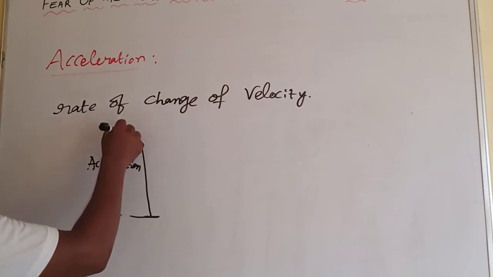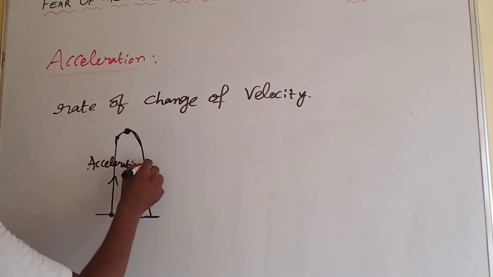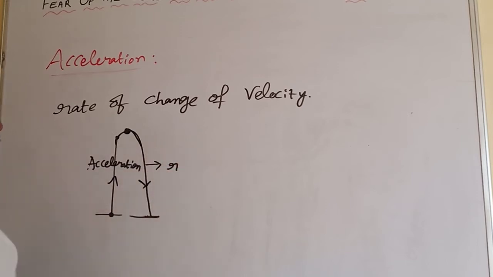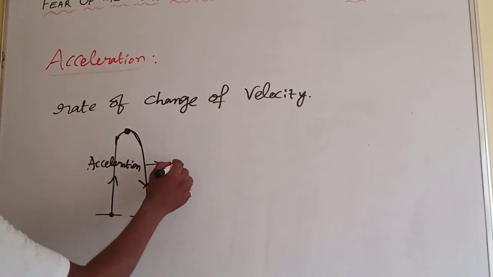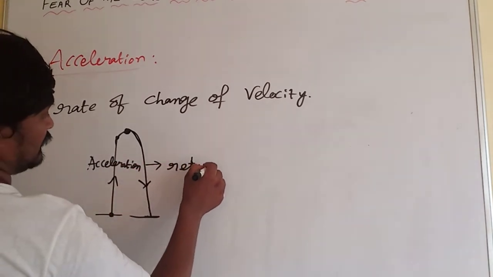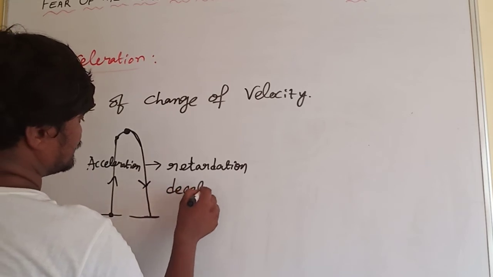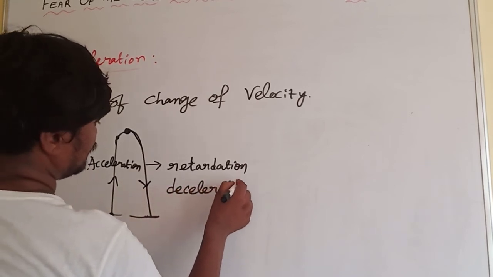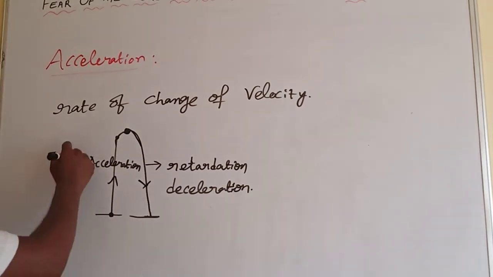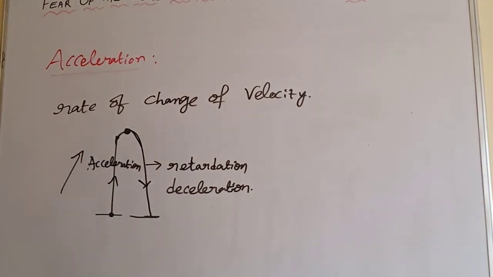And whichever comes from up to down, we can call retardation or deceleration. Down coming is deceleration. Upgoing is acceleration. If you have understood this, I'll tell you some points.